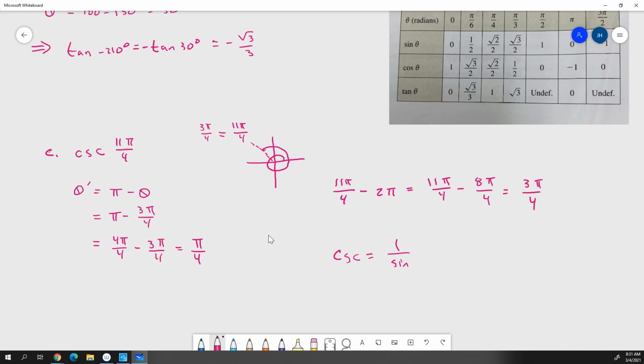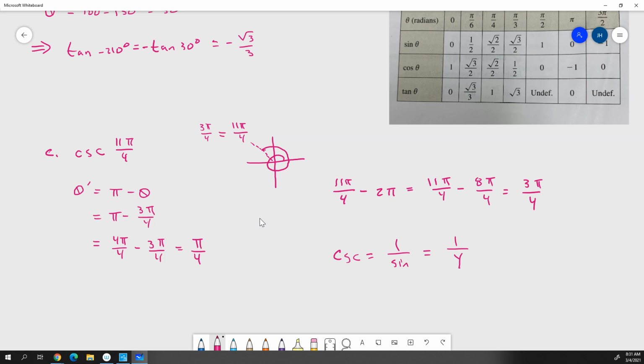And sine is y, our y value. So this is like saying cosecant is 1 over our y value. And in this circumstance, y is positive, right? Everything is above the x-axis, so our y is positive. So we're looking at a positive.